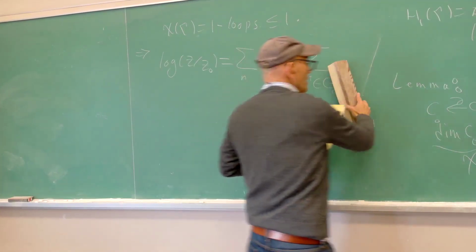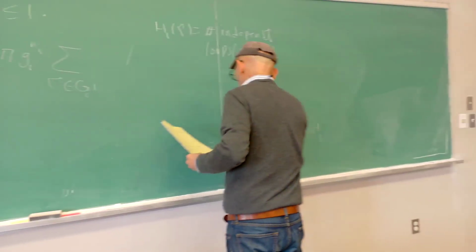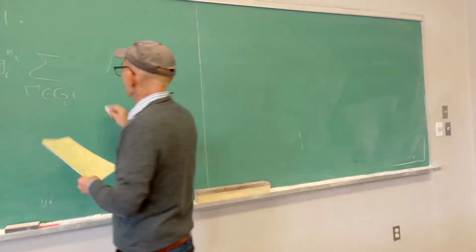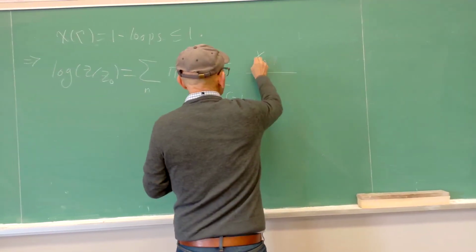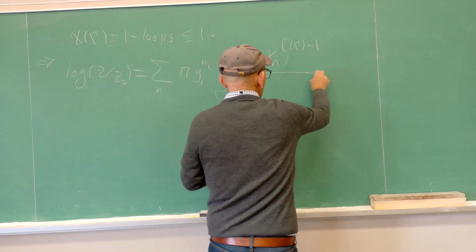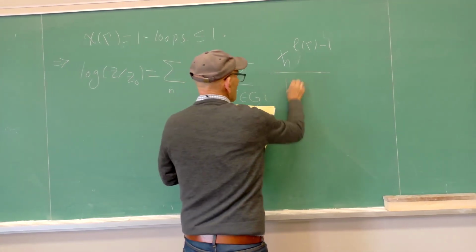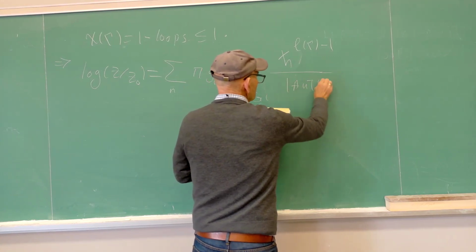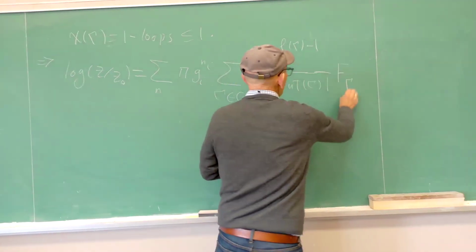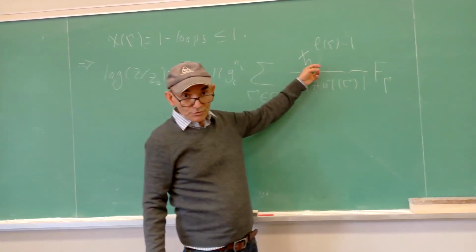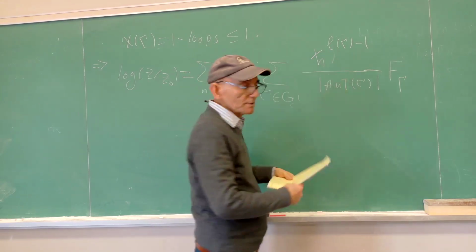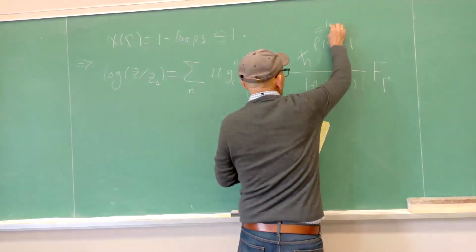I'm just writing the formula again. But the H power we can now handle better. So this is equal to H bar to the power L gamma minus 1, divided by the order of R gamma, F gamma. Remember, originally it was H bar to the power negative Euler characteristic, and the Euler characteristic, by the way, is the loop number.